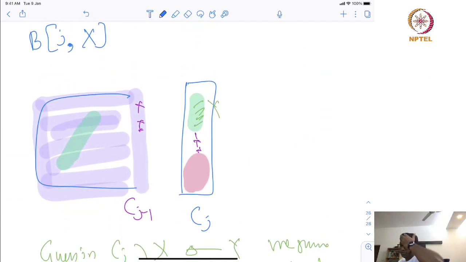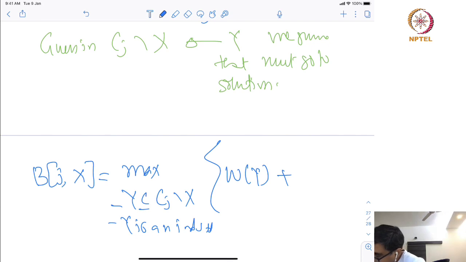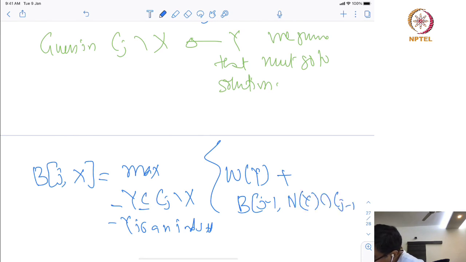Now you know that you are not going to pick any of its neighbors, and you are also not going to pick anything else from the column Cj. So, everything else is from the induced graph Cj minus 1, from which you are not going to pick the neighbors of y. So, this is nothing but what is stored in b j minus 1 comma n of y intersection Cj minus 1.